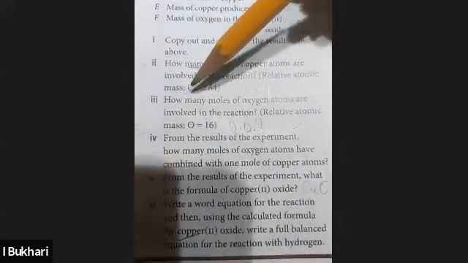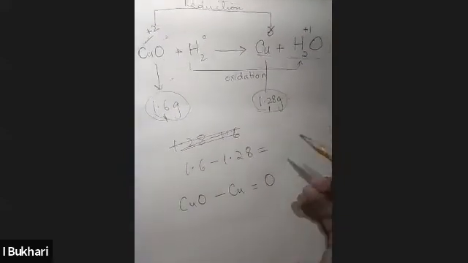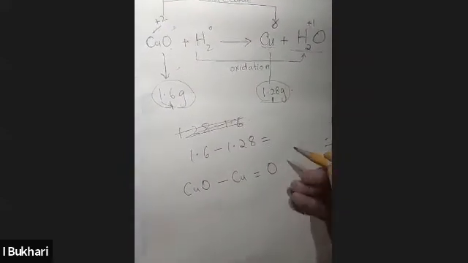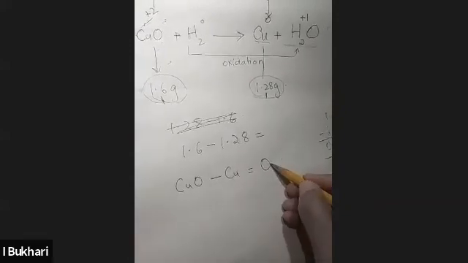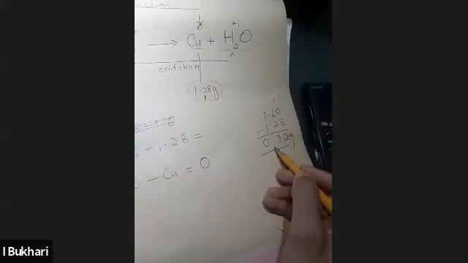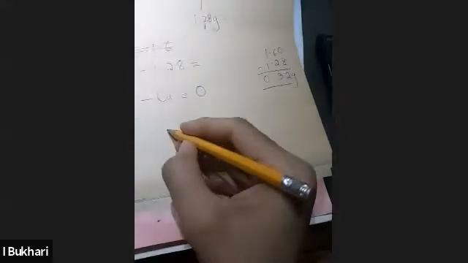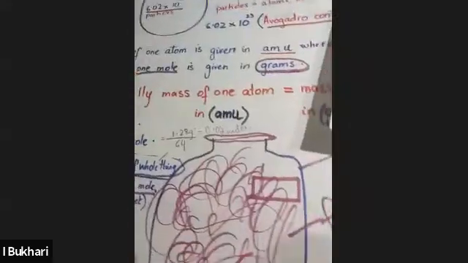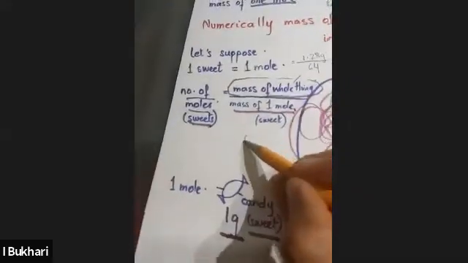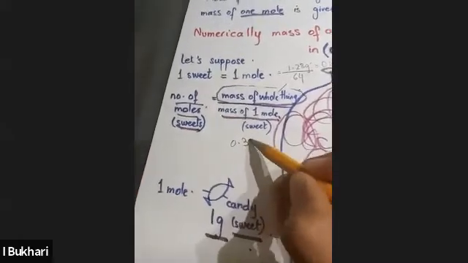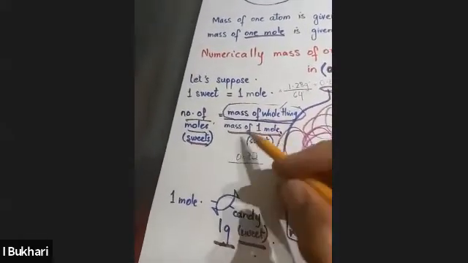Jazakallahu khairan. Now let's move on to part 3. How many moles of oxygen atoms are involved in the reaction? Oxygen, mass of oxygen was 0.32, right? So again, same thing, mass of oxygen, I will write it here now, 0.32 divided by the mass of 1 mole of oxygen from the periodic table.